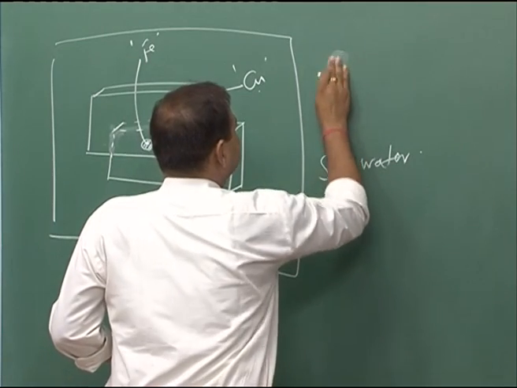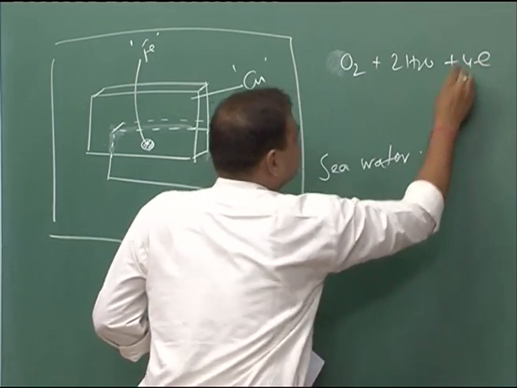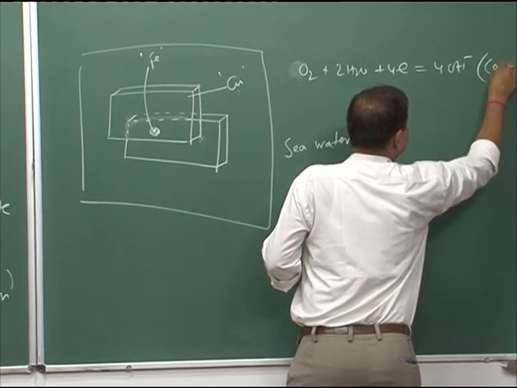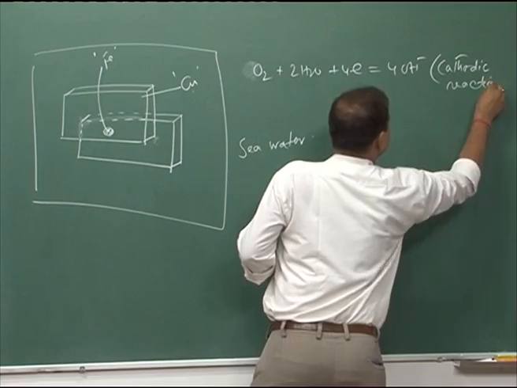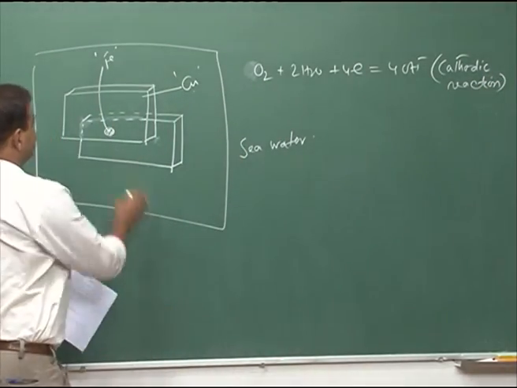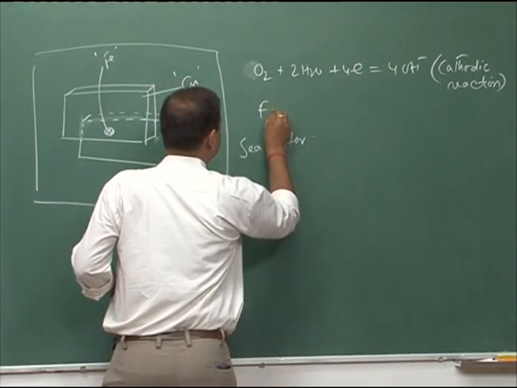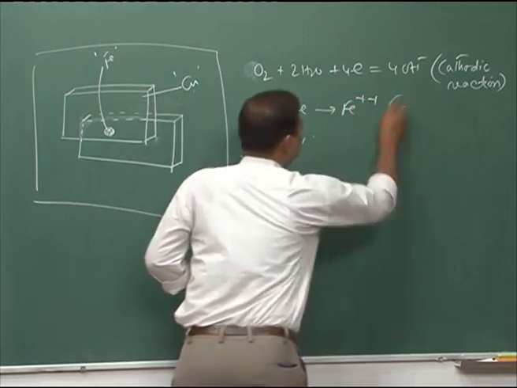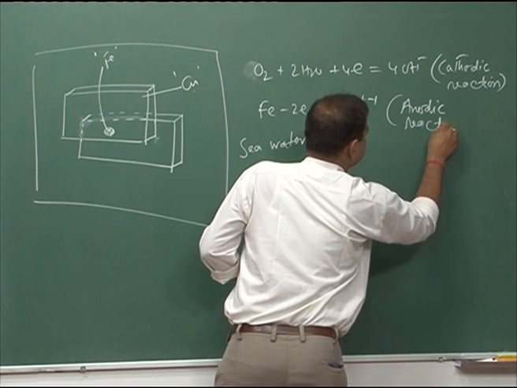The possible cathodic reaction is this, this is my cathodic reaction, and if this is my cathodic reaction, the anodic reaction would be, since iron is active here, iron will dissolve. This is my anodic reaction.